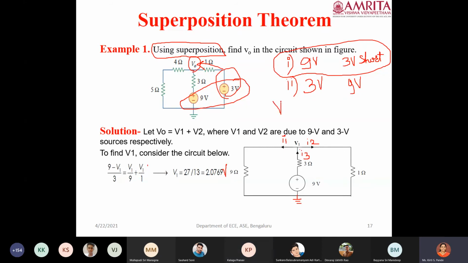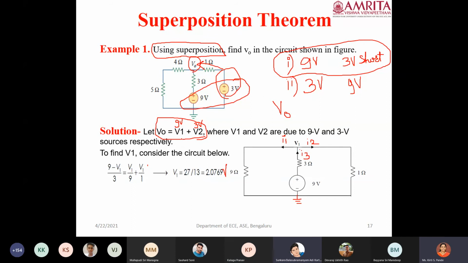V naught is the effect of 9 volts as well as 3 volts altogether. So whatever is V1 because of 9 volts acting and whatever is V2 because of 3 volts acting, it is getting added up.